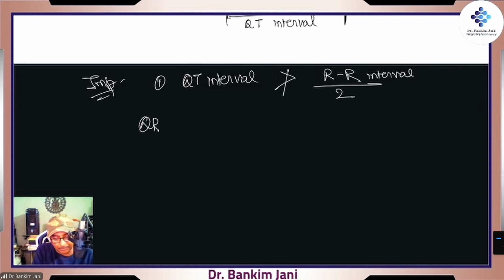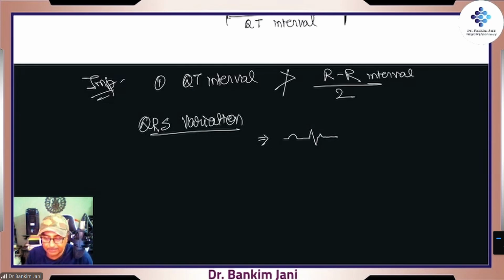Then there can be some QRS variations. This is called QRS variation. Now, out of all these waves, Q wave, R wave, S wave, the least important is the Q wave. Sometimes you might get the absence of Q wave. So here the ECG would look like this: no Q wave, up, down, and continue.